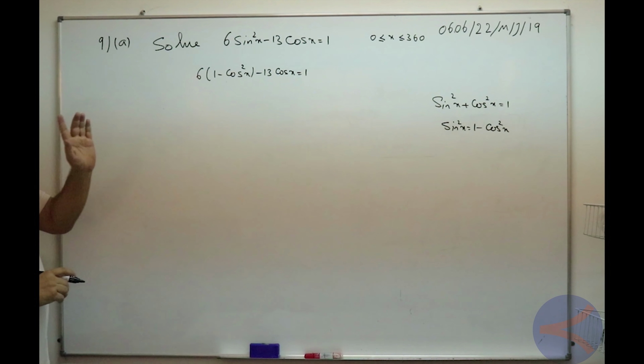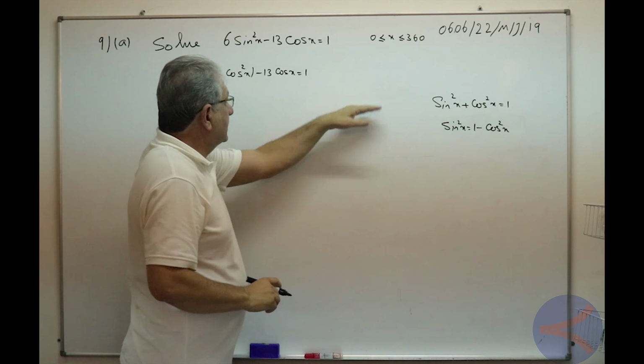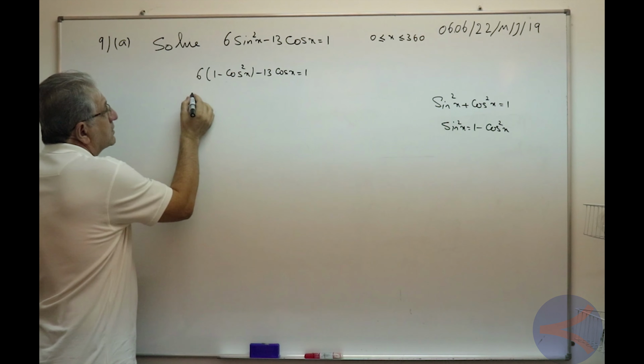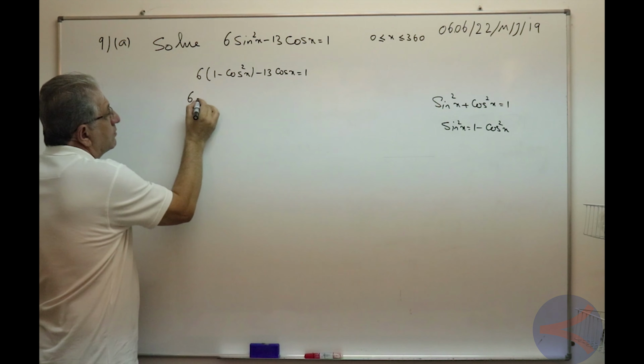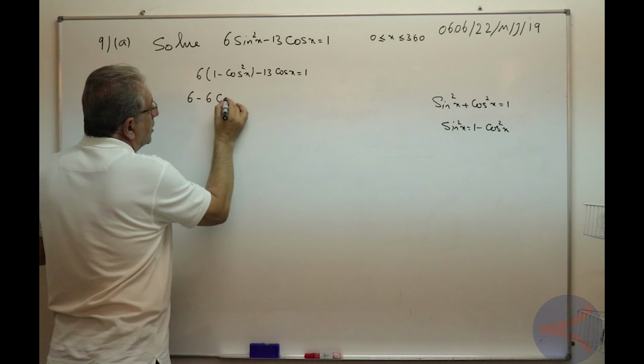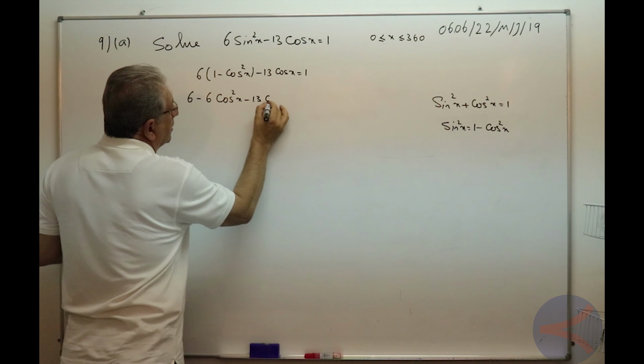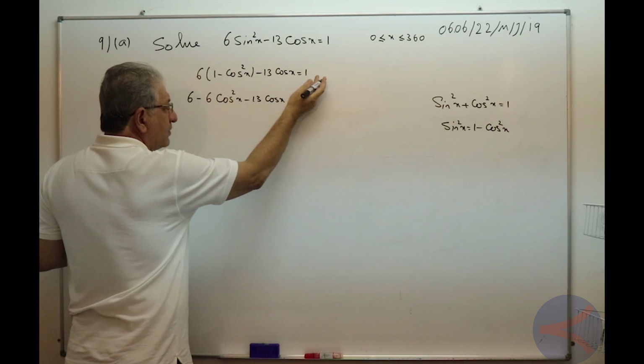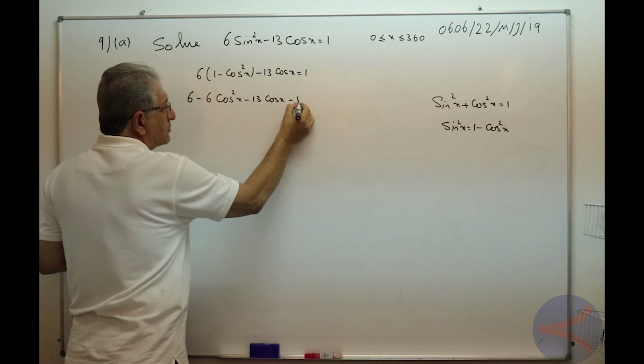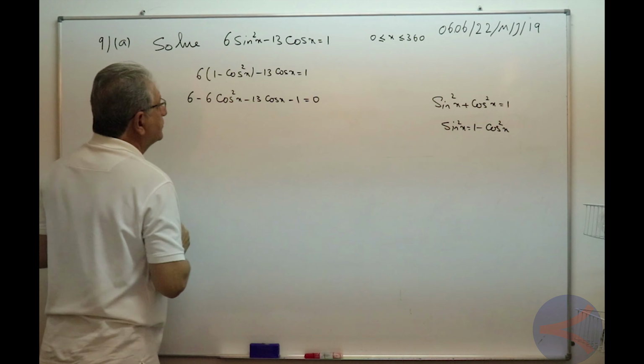Now I can expand this and take it to the other side. That means we have 6 minus 6 cos square of x minus 13 cos x, and I will take this 1 to this side, so it will be minus 1, equal to 0.